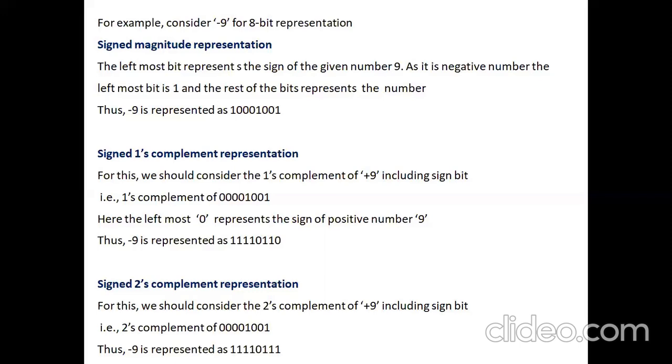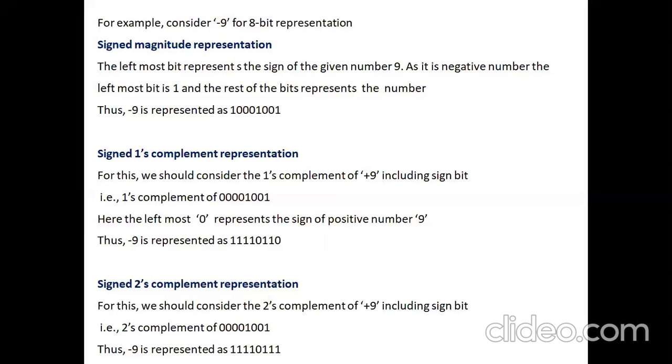So for -9, if you are asked to find the signed 1's complement, first you consider +9, then find the sign magnitude representation for that, and then find the complement of that. That will give you the 1's complement representation.